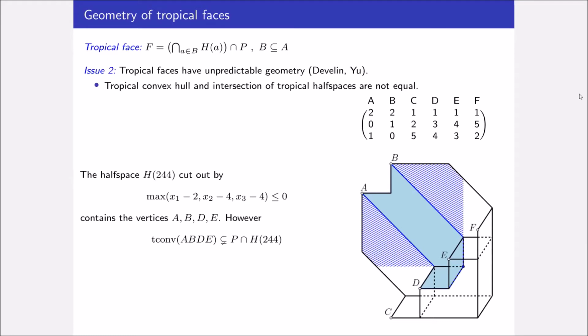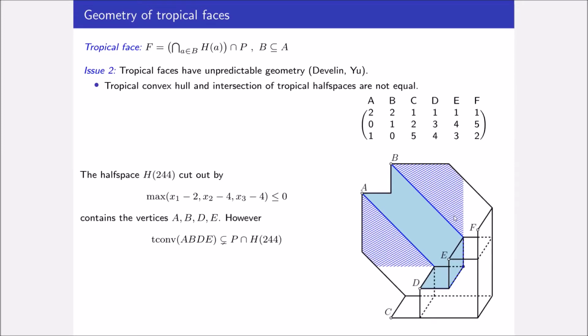I'll also quickly touch on the convex hull definition here. And the first main issue really is that when you take the intersection of tropical half-spaces and the tropical convex hull, you do not get the same definition of a face. And herein lies part of the issue. So here is this example that I had from before, again an example of Devlin and Yu. And I can look at the half-space whose apex is this blue dot here.